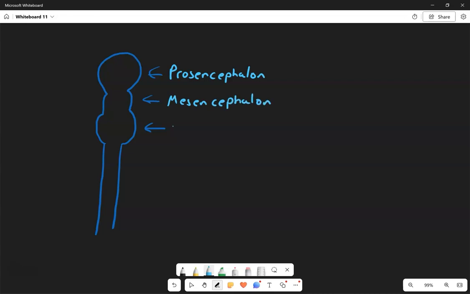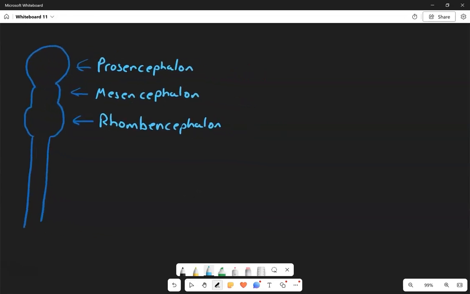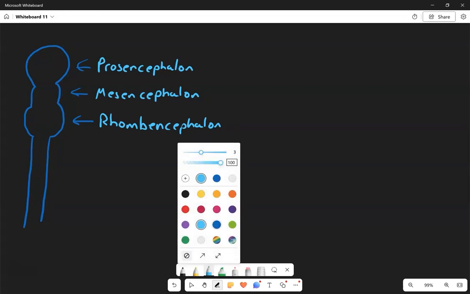And then you have the rhombencephalon. Okay? So those are your primary brain vesicles. Now what happens is that these primary brain vesicles are going to continue to undergo further differentiation.